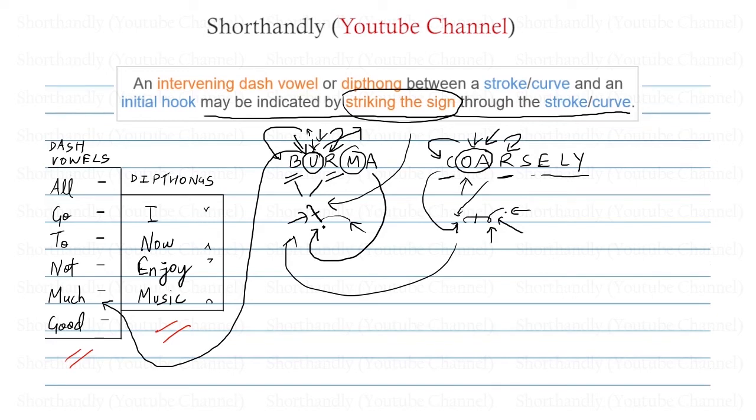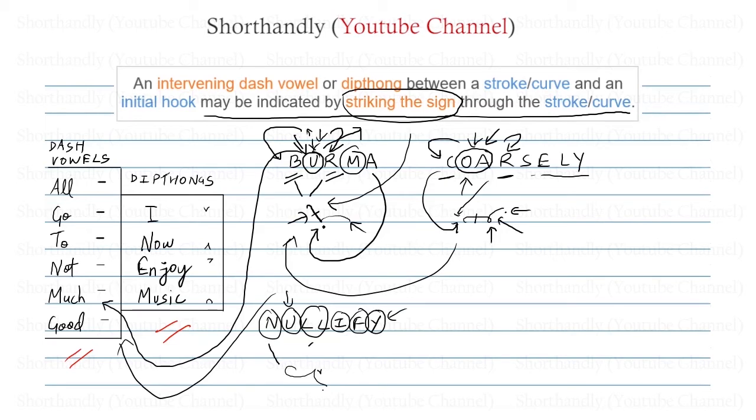Suppose a word called nullify. So nullify will be written like this. Okay, so see, we have first of all this N, and then this is an A sound again, as in the much vowel. Then we have this L, then the I vowel, as in the is vowel. Then we have this F, then we have this last diphthong.